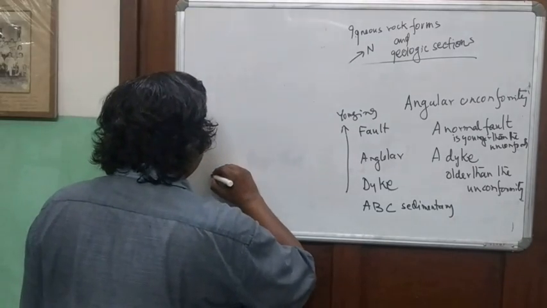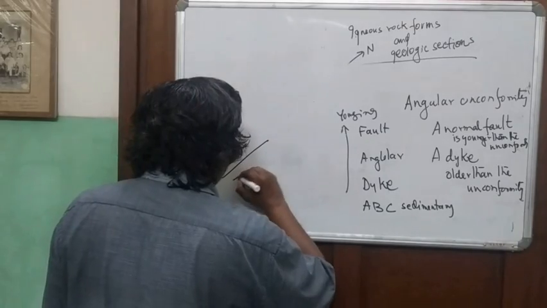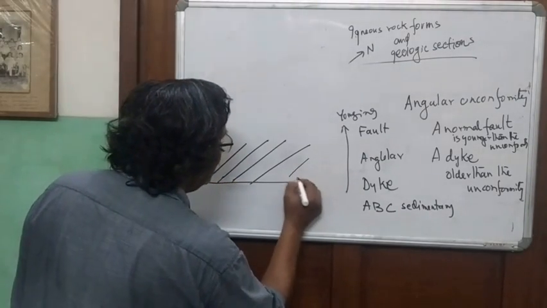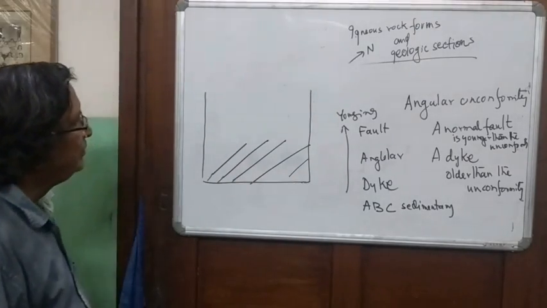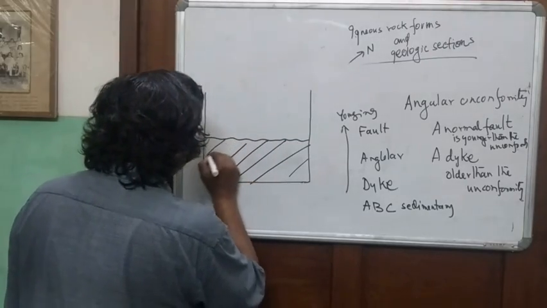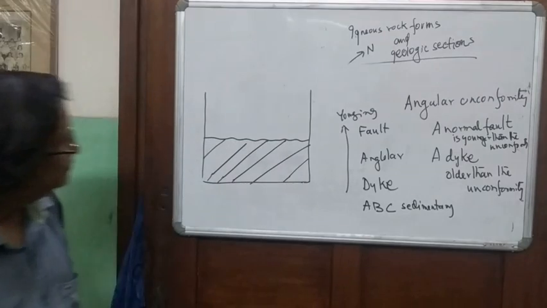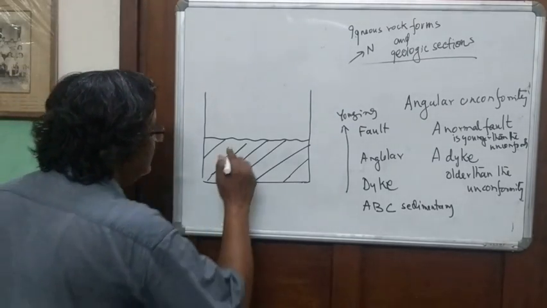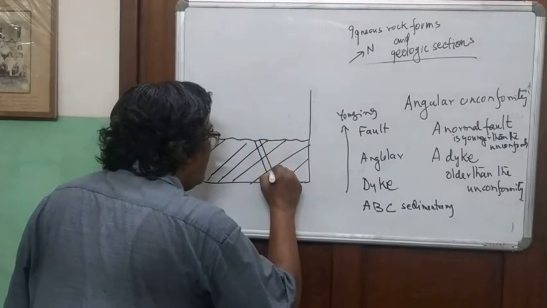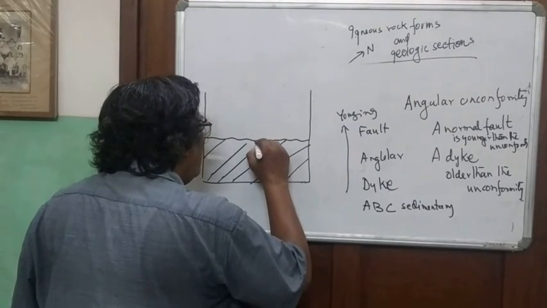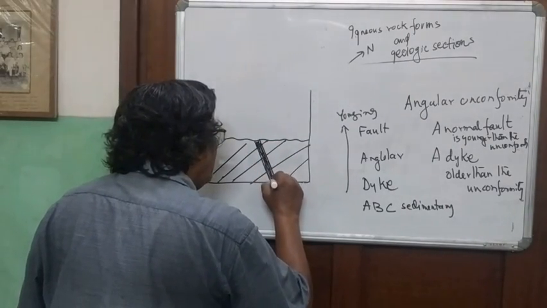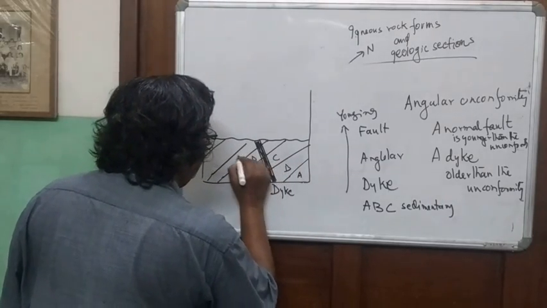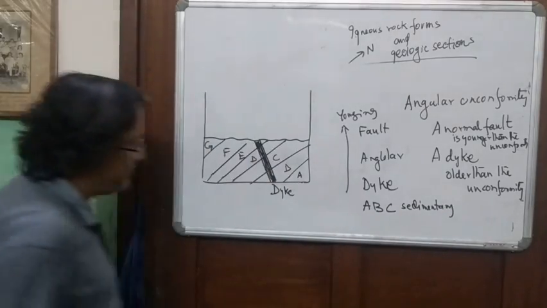So now you see here, dike, A, B, C, D, E, F, G sedimentary sequence.